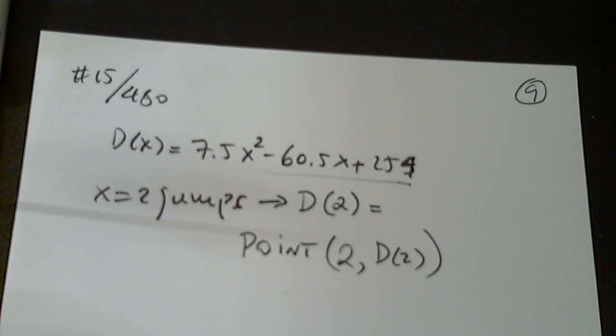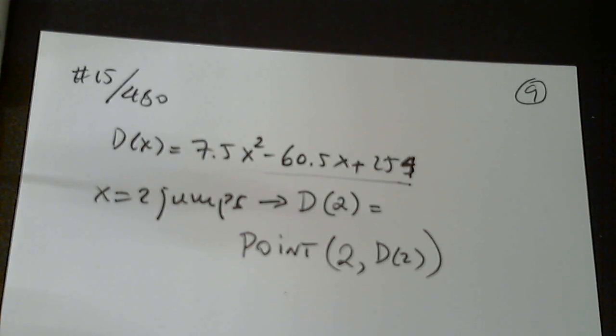So in y equals, clear if you have anything else, 7.5x squared minus 60.5x and then plus 254. It was 254, correct? Yes.